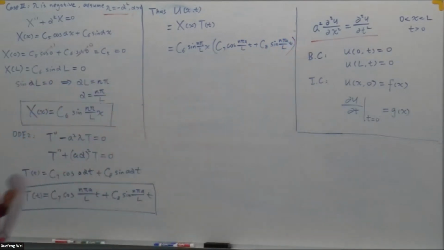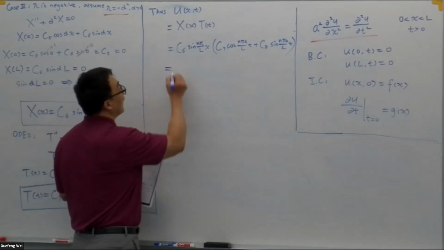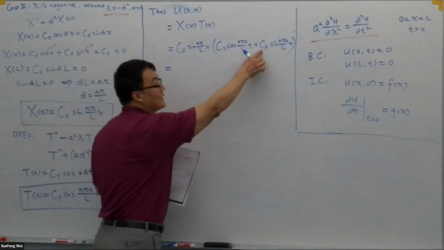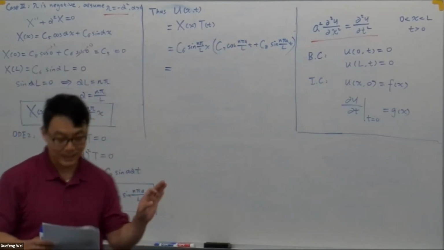Okay, great. So apparently there's C6, C7, C8. There are 3 constants. I'm just going to eliminate 2 of them.